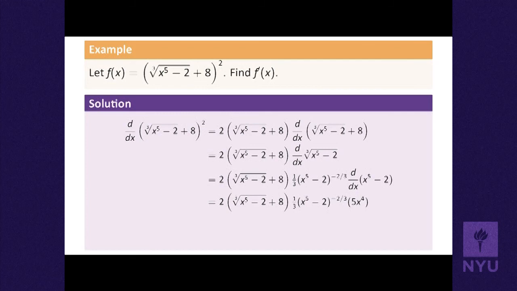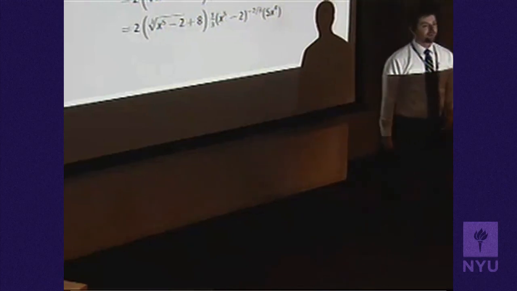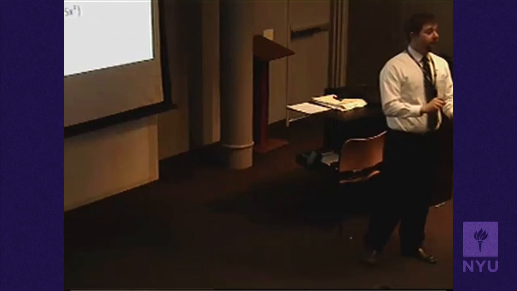And now I'm pretty close to finished because the function I have is a straight-up polynomial. I'm in Happy Town. I love taking derivatives of polynomials. Now I can just say that the derivative is the thing I had before. The derivative of x to the 5th minus 2 is 5x to the 4th power. Am I done? Yes, now I'm done because there's nothing more to differentiate, right?